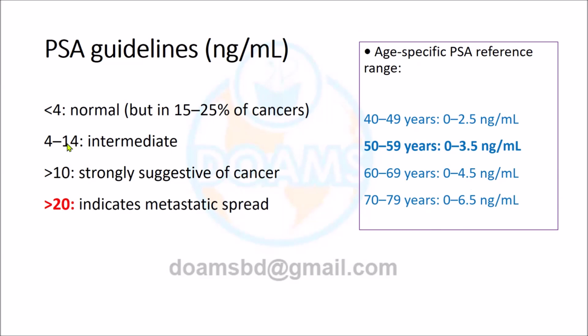If you say 4 to 14, why is there a long gap? Because within this range, up to 6.5, but here more than 4.5 will be positive in this age group. But 6.5 will be normal up to this for this age, but it will be abnormal for 60 to 69. So there are age variations.